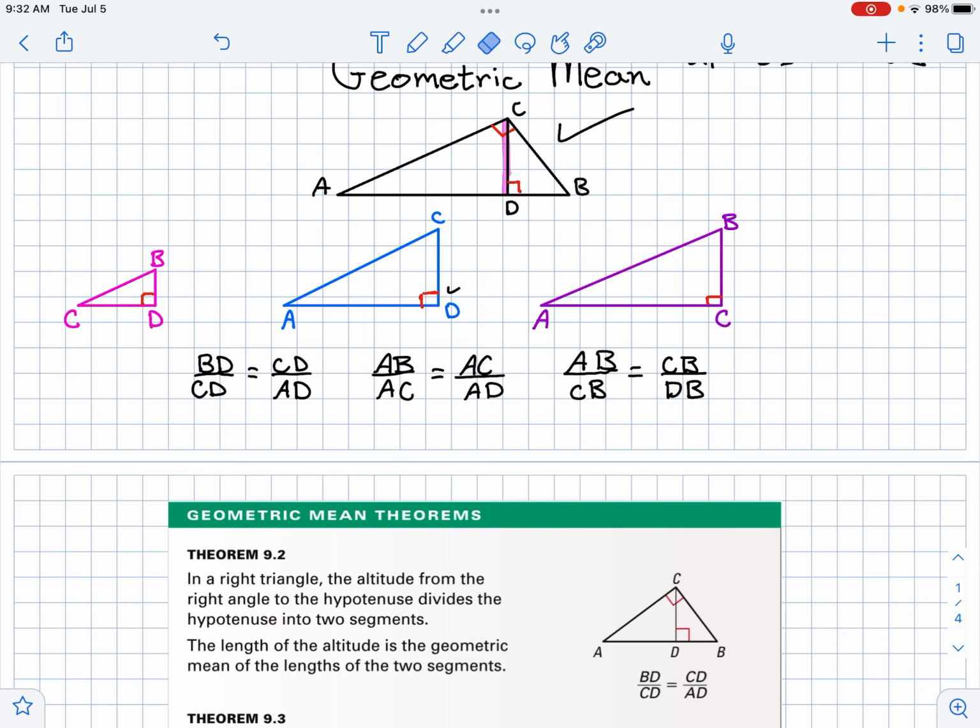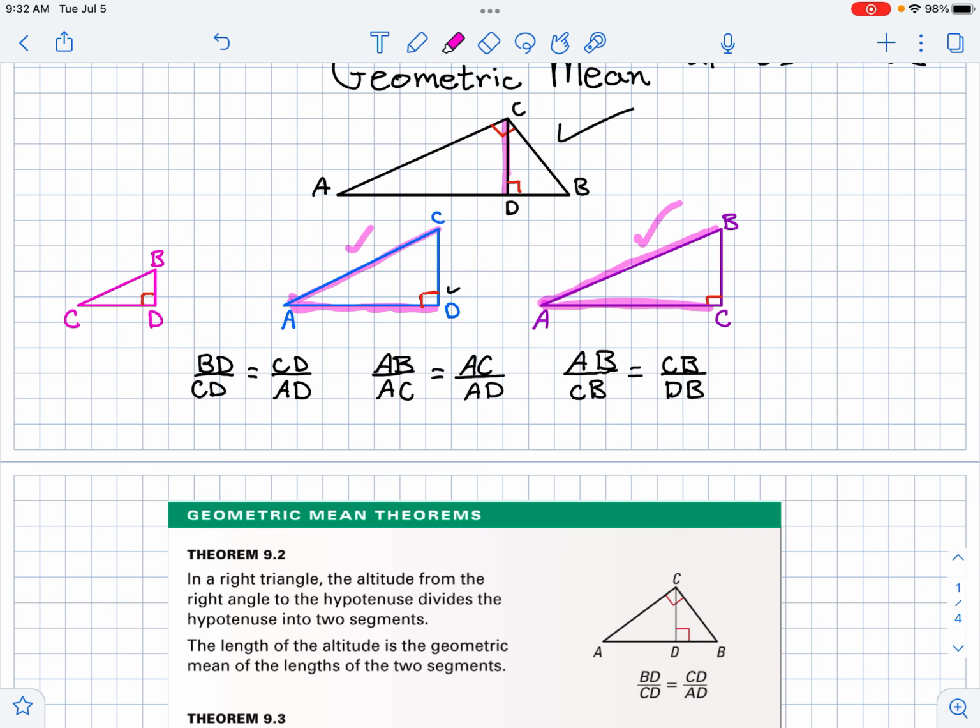Now, let's look at another thing here. Think about AB. AB is to AC, see, I've compared this one and this one, as AC is to AD.